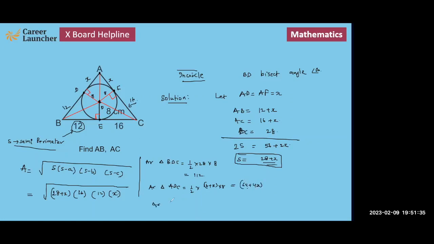And area of triangle ADB, half of 12 plus x into 8. This will become 48 plus 4x.